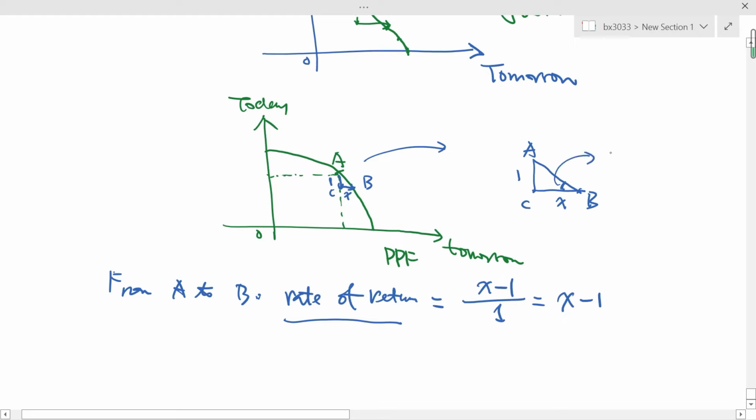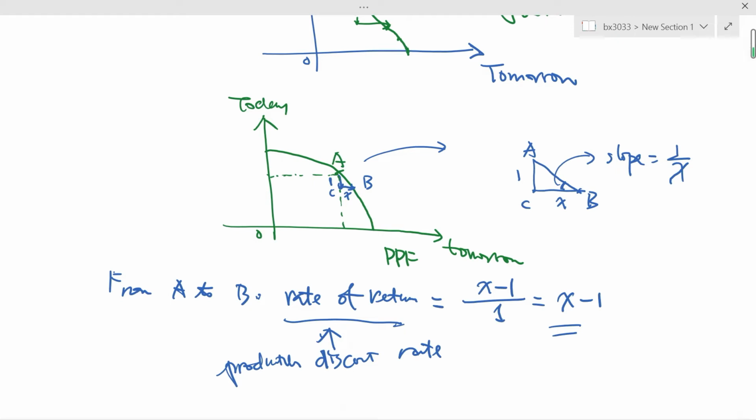So the slope of these triangles can be measured by 1 over X. So this relative 10, or we use this as the discount rate, which is the production discount rate from the production side, and this discount rate is embodied in the slope of this PPF.